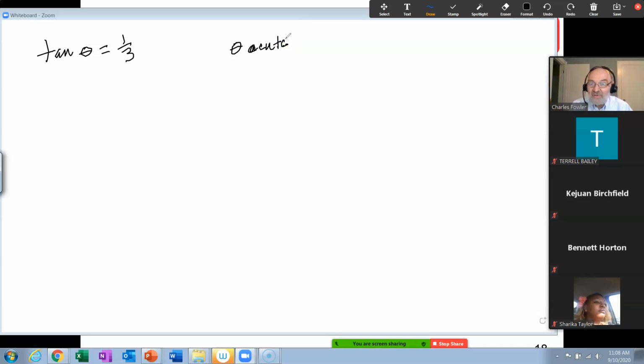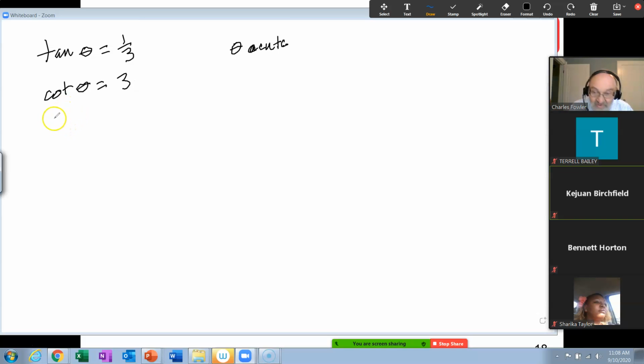Which means first quadrant. Everything's going to be positive there. Okay. Now it says find the value of cotangent theta. That is pretty easy. What would that be? Anybody? 3/1 or 3. Perfect. That was so easy.